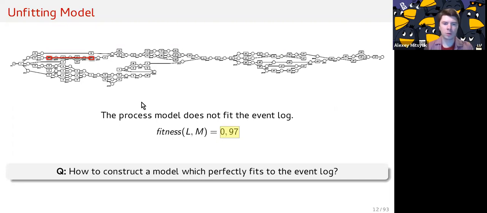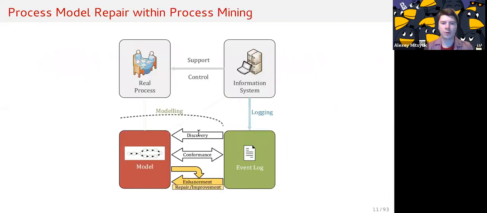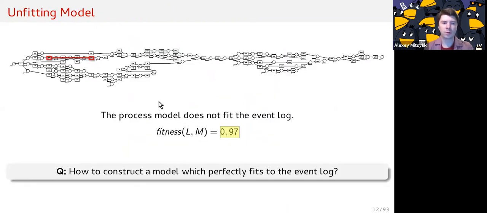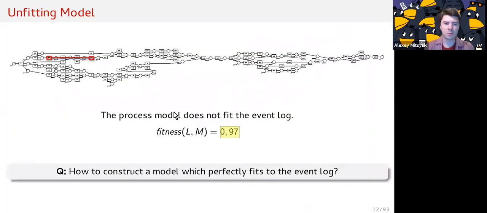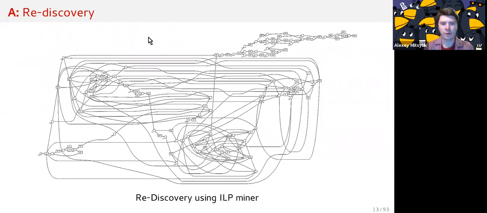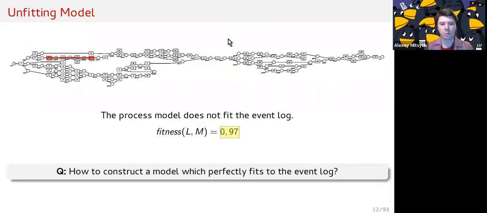What if we just apply a discovery algorithm to the log and try to reconstruct the model? Then we obtain something like this model. It seems that it is not structurally similar to the initial model.